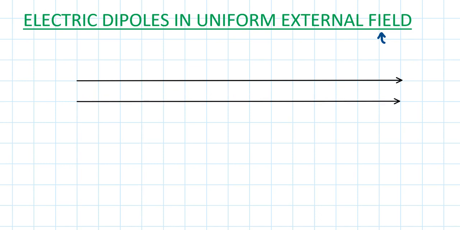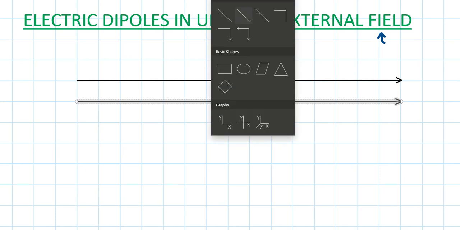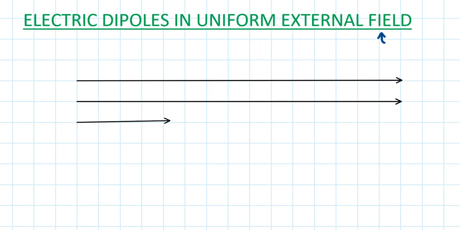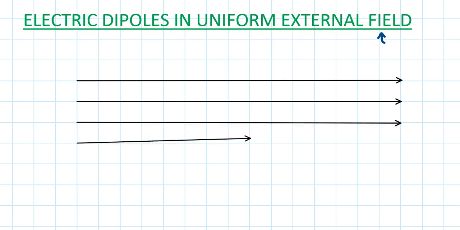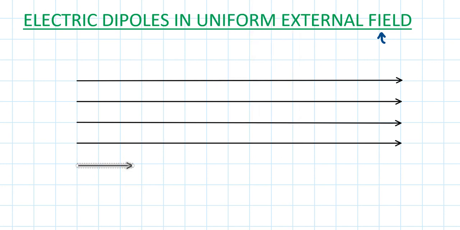If you represent a uniform field using field lines, they will be nothing but parallel lines passing through that region. The direction of the arrow will represent the global direction of the electric field in that region, which in this case will be from left to right.